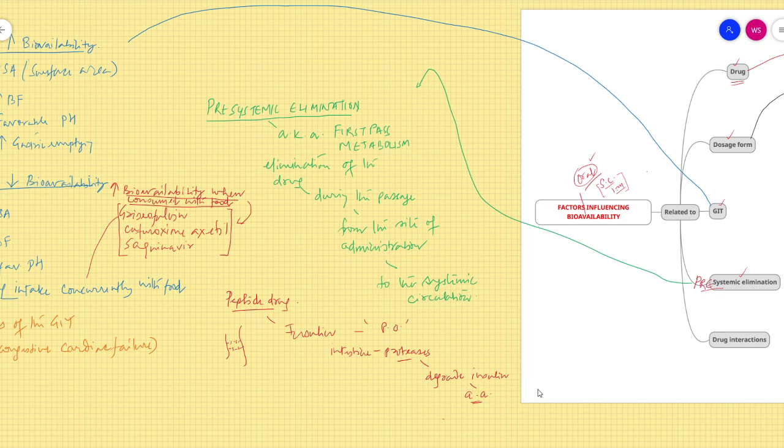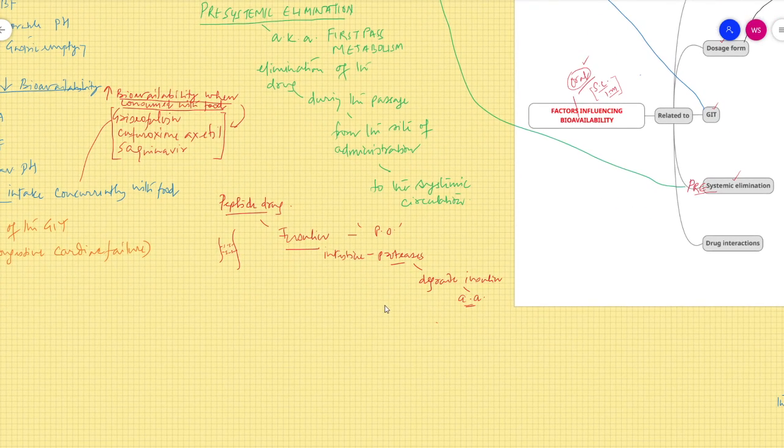Okay, and so these amino acids would be absorbed, but because they lack this particular structure, it wouldn't be able to decrease blood sugar level. Yeah, so this is an example of first-pass metabolism.